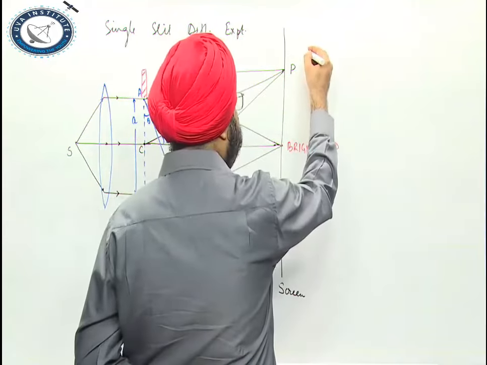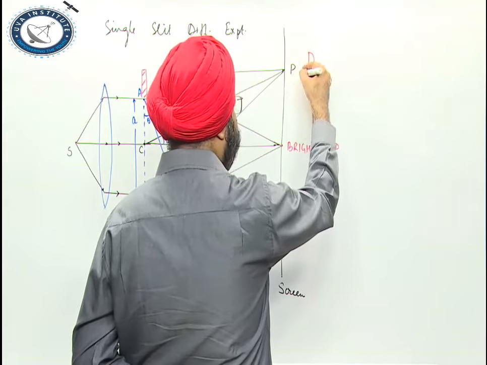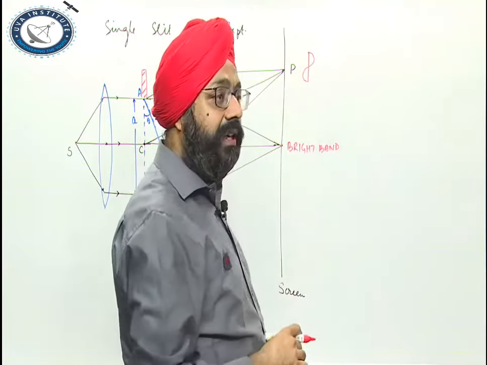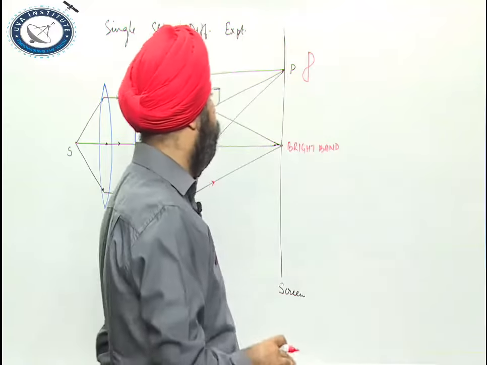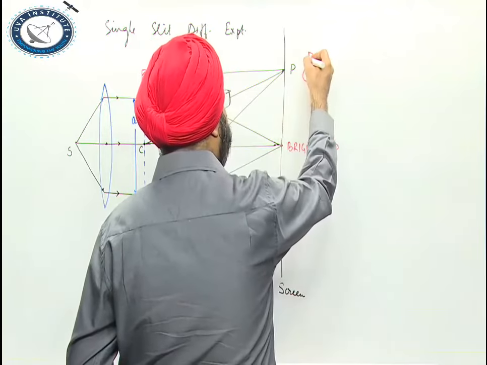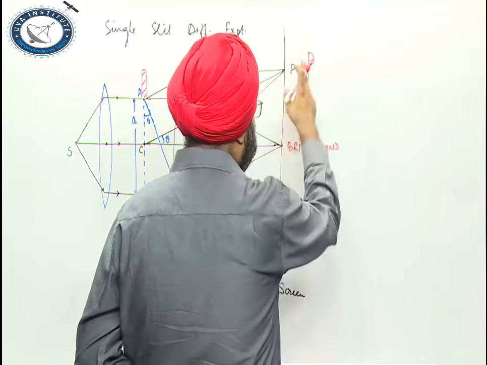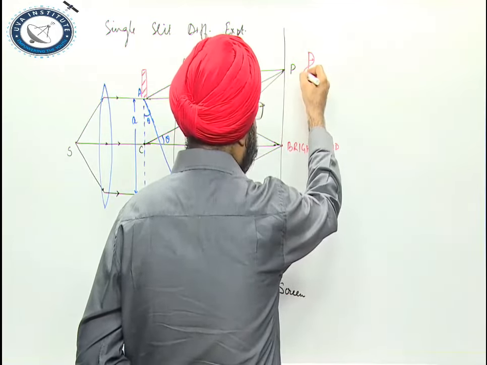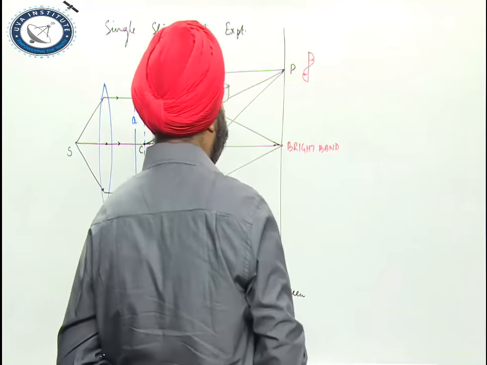Path difference of lambda means a complete wave whose upper half is a crest and let us say the lower half is a trough. For just understanding purposes, we assume this. Now, for every point here whose amplitude is in the upward direction, we have the same point here whose amplitude is in the downward direction.